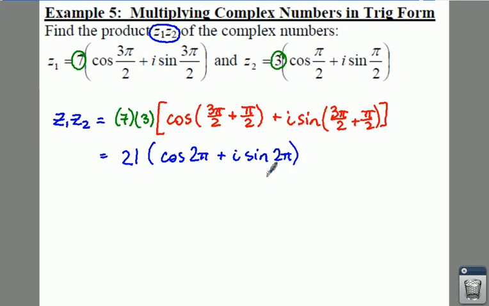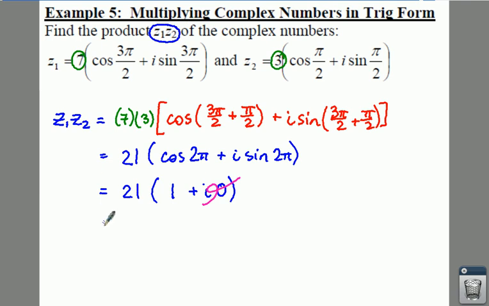And if you think about where 2 pi is on your circle, we're just going to evaluate this. Your cosine of 2 pi is a 1 plus your sine of 2 pi is a 0, so we're going to have a 0i, and those are just gone.